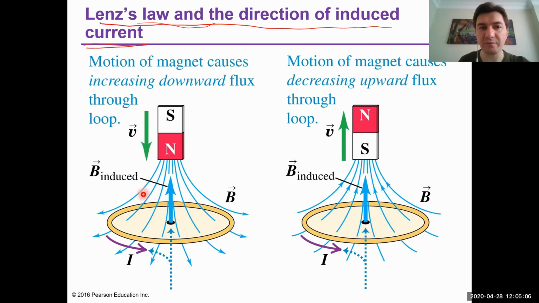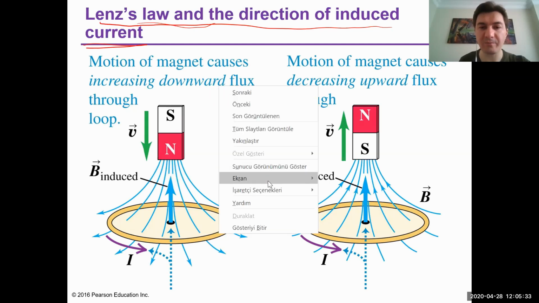Whenever we move that magnet toward the loop, okay, in that direction, what will happen? We will increase the magnetic field in that direction, okay, because we are getting closer to the N pole of the system. Normally the magnetic field produced by the N pole is like this. Let me draw.